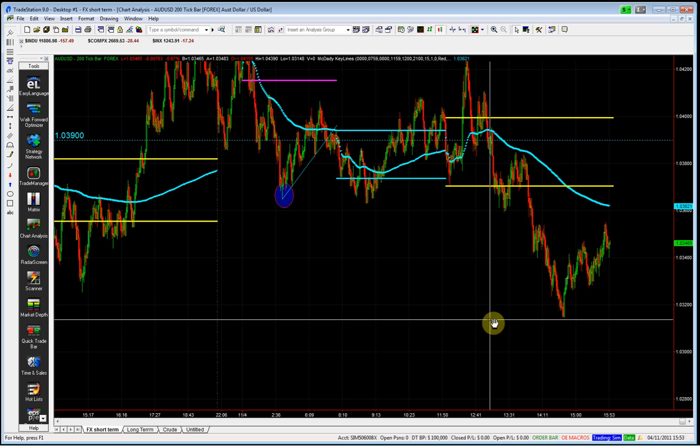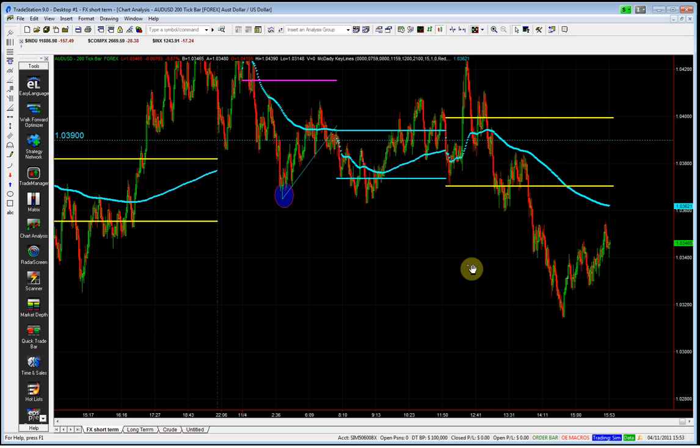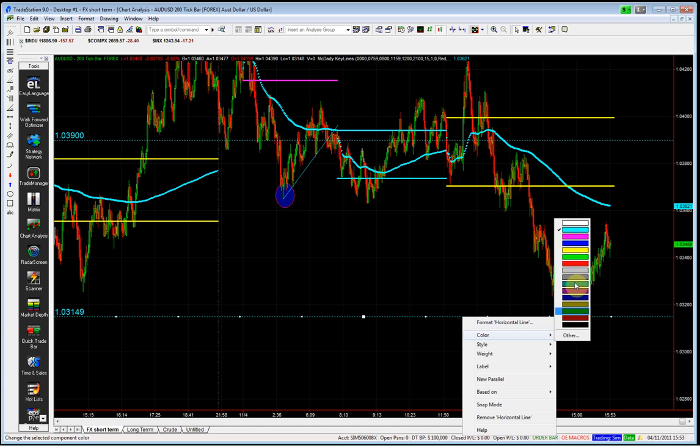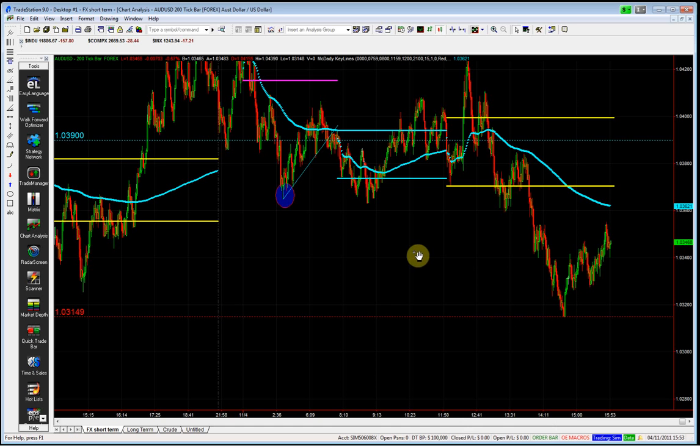The short side is just the momentum low. Indicate that with a red line. Your short point is the momentum low of 103.14.